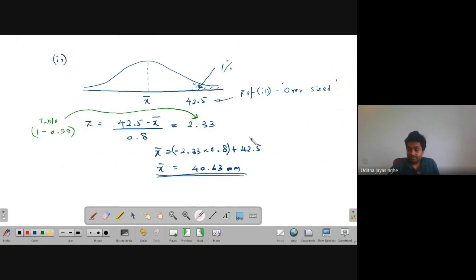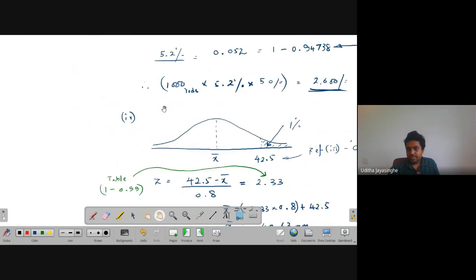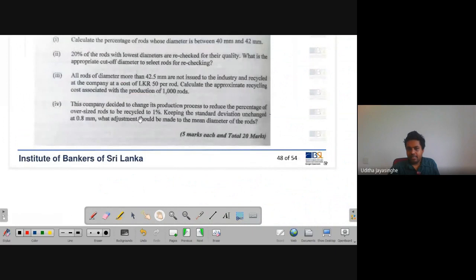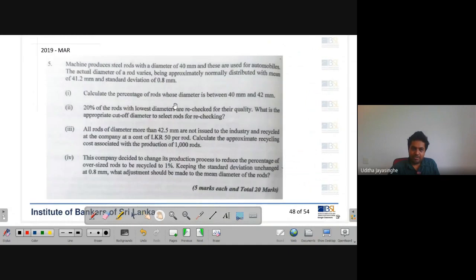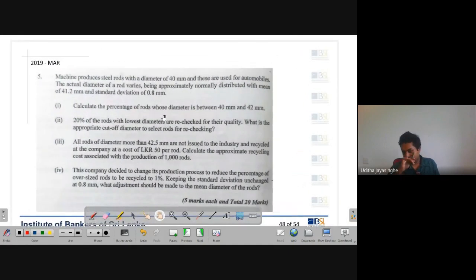What's the answer in words? If I convert the machine's output, the X bar, to 40.63 millimeter, then I can limit the oversizing to 1%. I would recall this question as one of the best questions being tested, covering all the possible angles from the standard normal distribution.